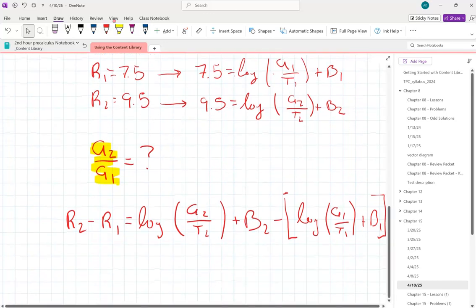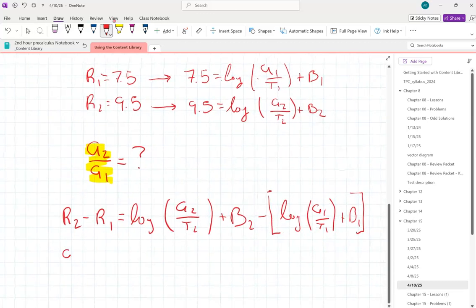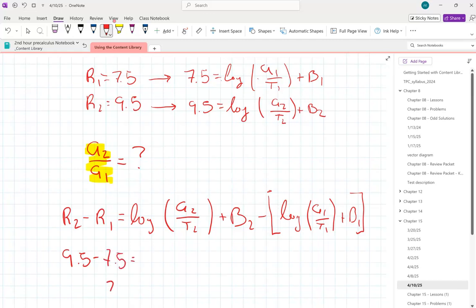So far, so good. So this is just going to be 9.5 minus 7.5, or just 2. Now what we're going to do is we'll distribute that negative sign through.